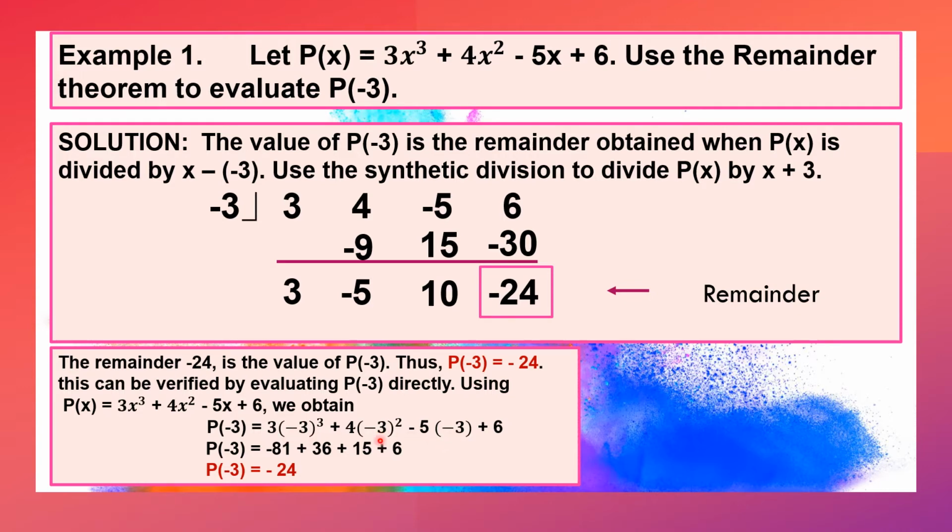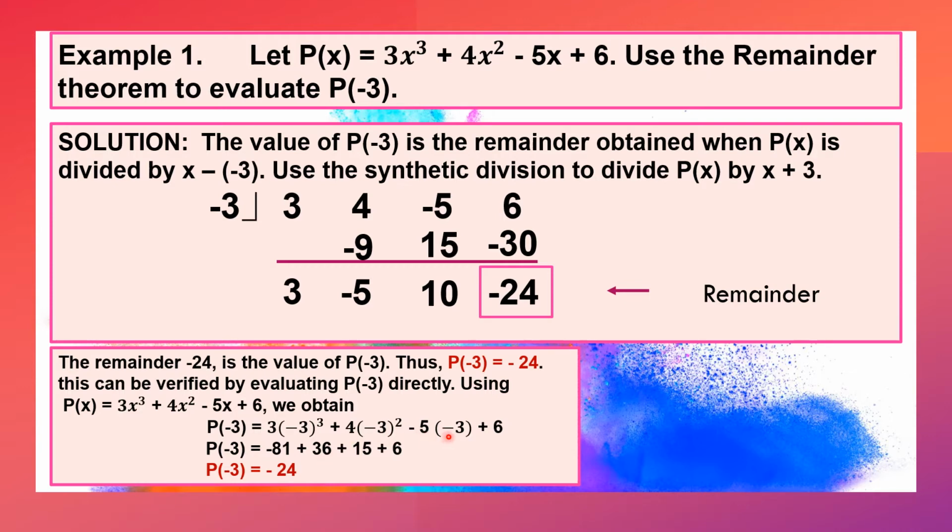Then simplifying this, we have now negative 3 cubed is equal to negative 27 times 3 is equal to negative 81. Then negative 3 squared is positive 9. 9 times 4 equals 36.